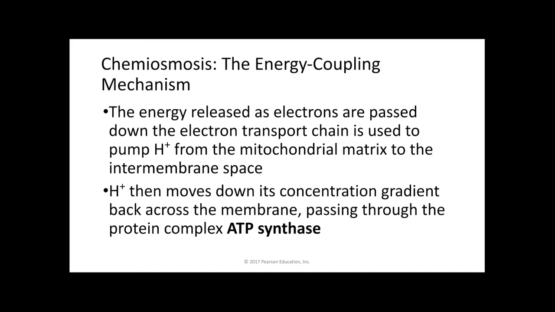When you have these protons or hydrogen ions moving down their concentration gradient across this membrane, they're going to pass through something called ATP synthase. ATP synthase is an enzyme that's going to make ATP from ADP and an inorganic phosphate.